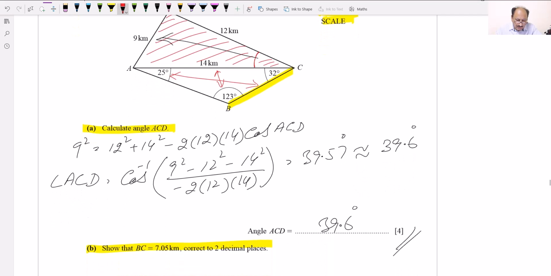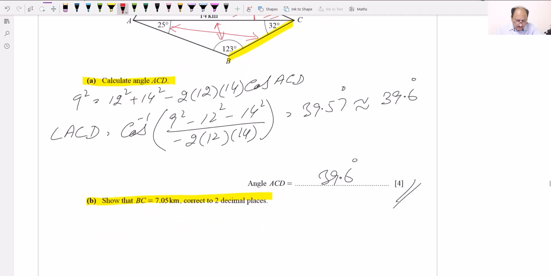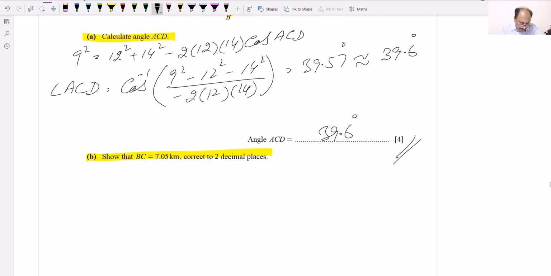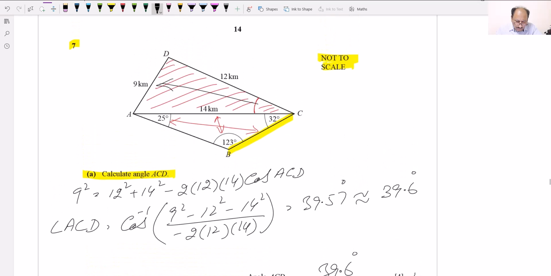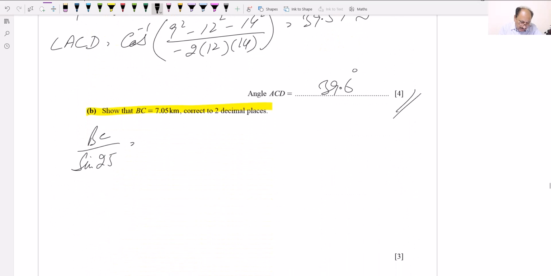So we can write BC over sine of 25 will be equal to 14 over sine of 123.